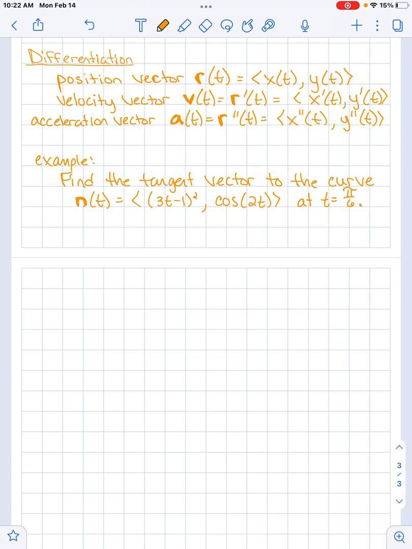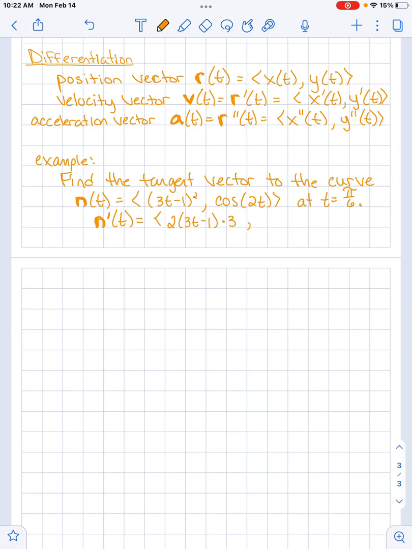Okay, welcome back. I hope you actually tried it. So first thing I'm going to do is find the derivative of n of t. So I'm going to find the velocity vector. The derivative of 3t minus 1 squared, we're going to use the chain rule. So that's 2 times 3t minus 1 to the first, multiplied by the derivative of the inner, so that's 3.